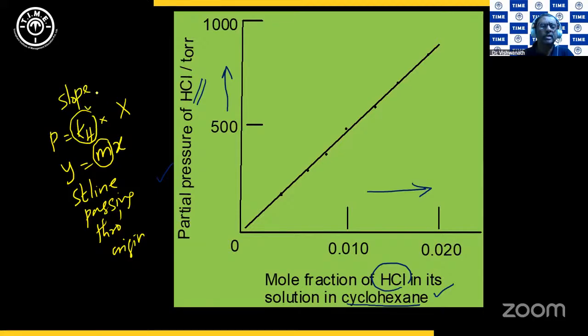So the slope gives us the KH value. The slope will not be the same for all gases, meaning the KH value will not be the same for all gases. So plotting the partial pressure of that particular gas on the y-axis and the mole fraction of the same gas on the x-axis, we get a straight line passing through the origin with a slope equal to KH. I hope this is clear.